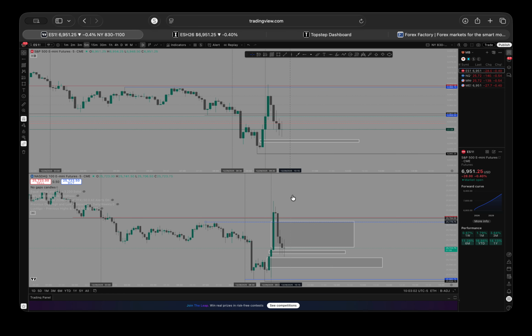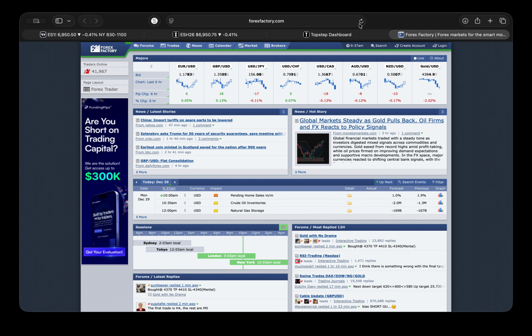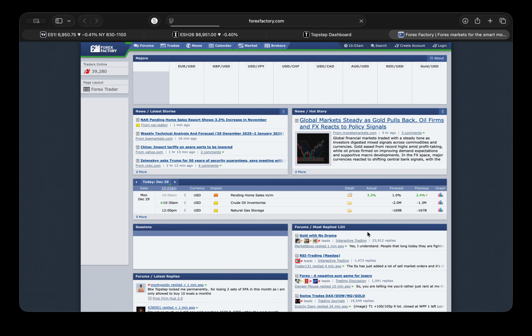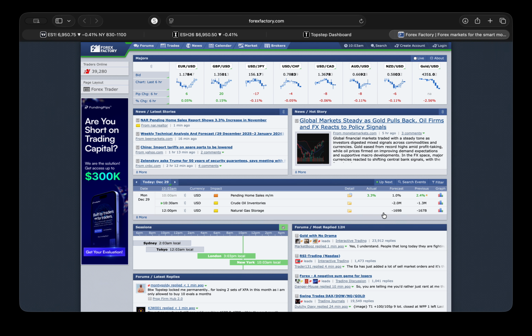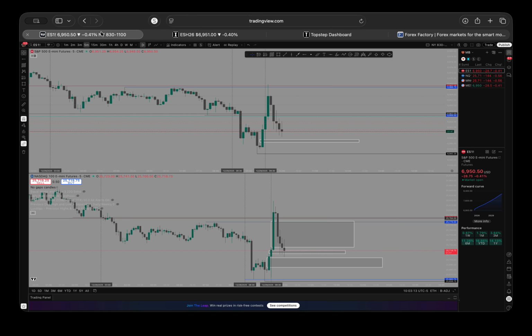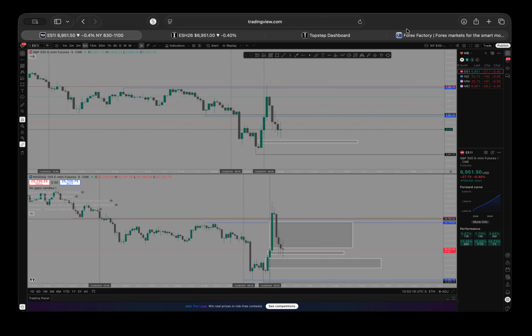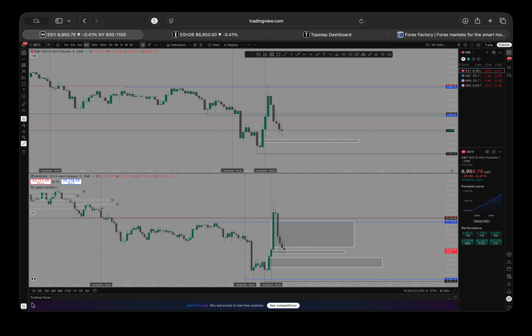I think I printed something where it has like, I gotta find it. Like cheat.